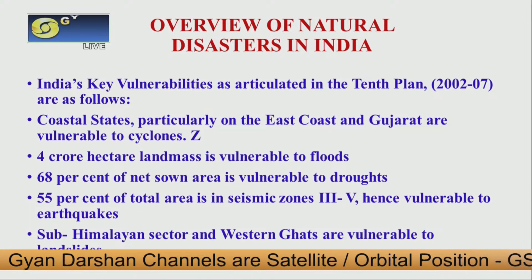So this is the regional distribution of different types of natural disasters in our country, earthquakes, droughts, floods, cyclones, showing which part is affected by which type of disaster.